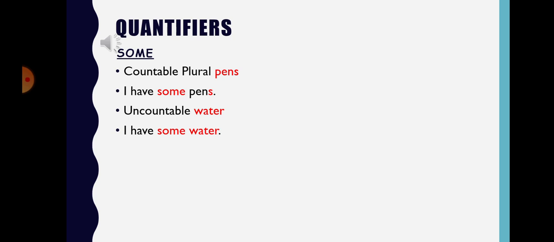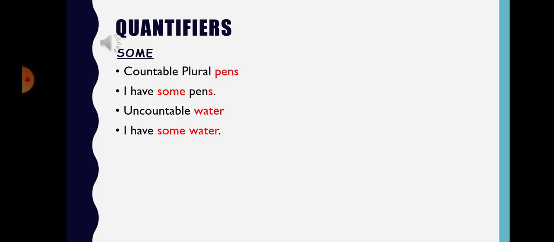Let's take an example for countable plural, like pens. I have some pens. Look here, I'm using some with a countable thing, which is plural. The second one, I have some water. I'm using some with an uncountable thing, which is singular. We cannot make it plural.